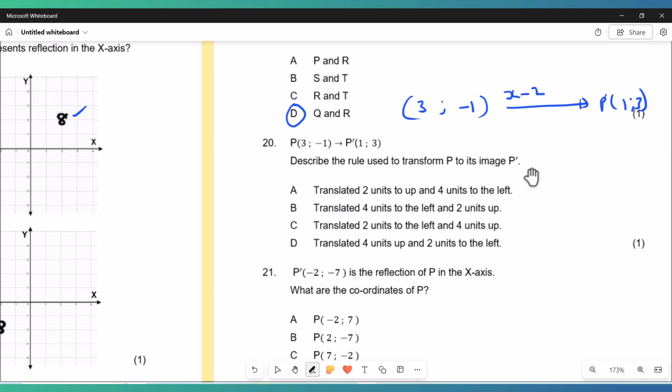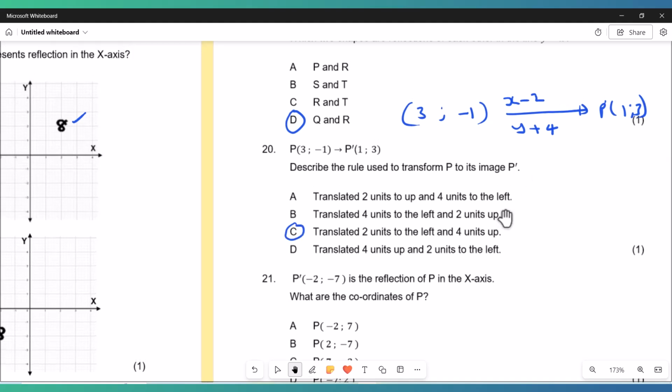How do I get from negative 1 to 3? That's the y. Now I must add, I must say plus 4. So it means translated 2 units to the left and 4 units up. So the best answer is C here.